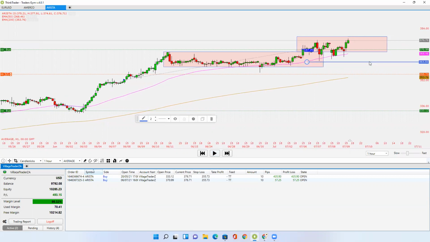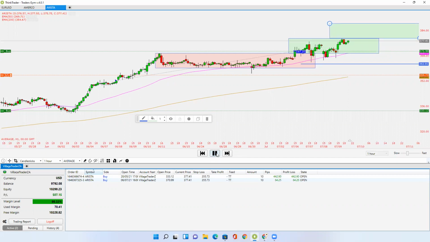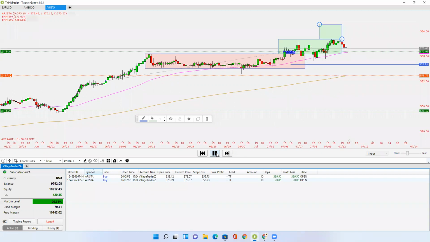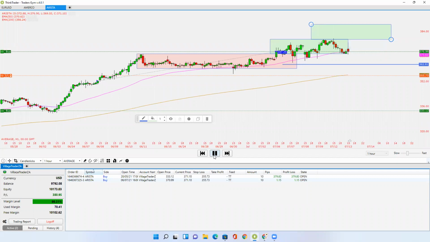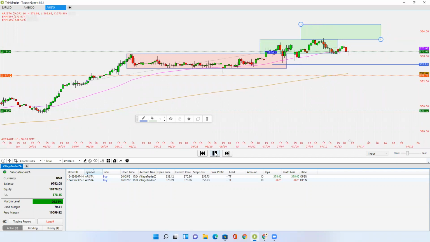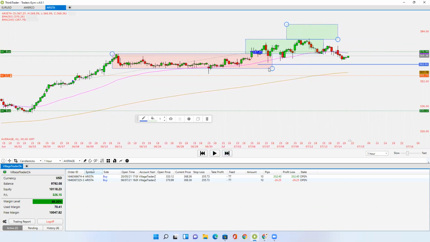So I'm going to raise my stop to there. If we start moving into that there, that box continues to hold. Continues to hold. Okay, let me pause, delete everything.